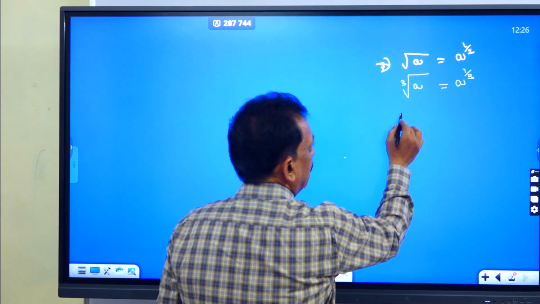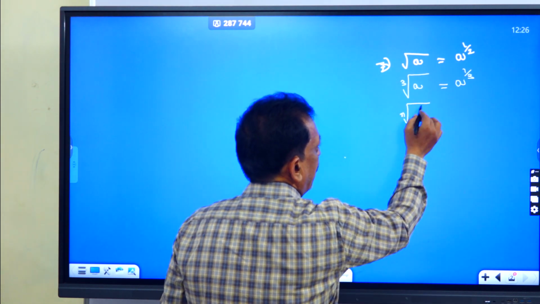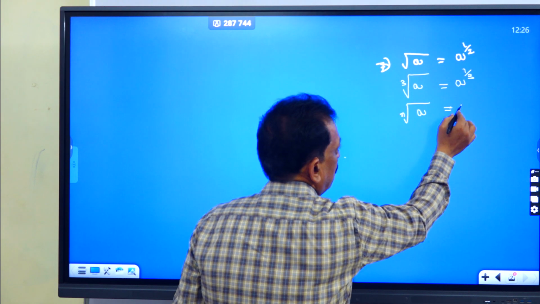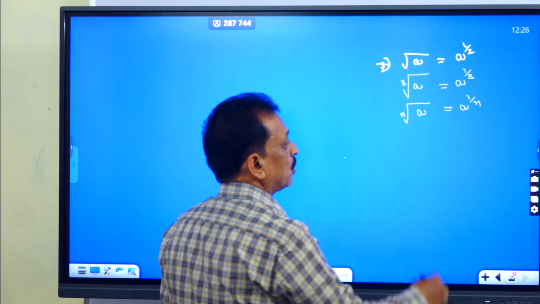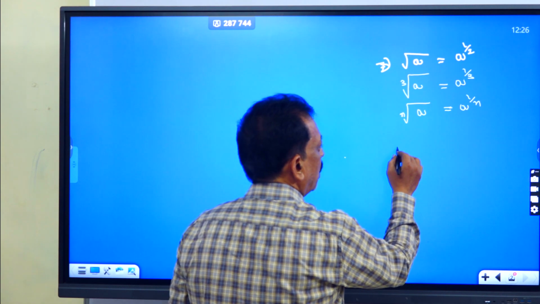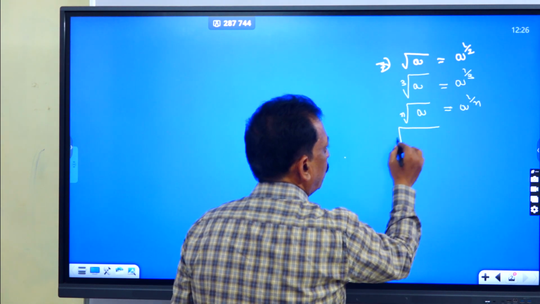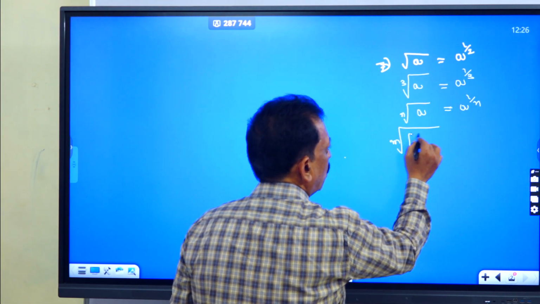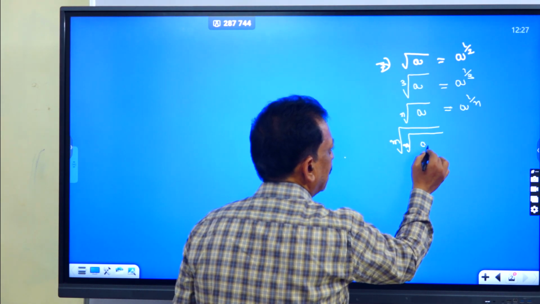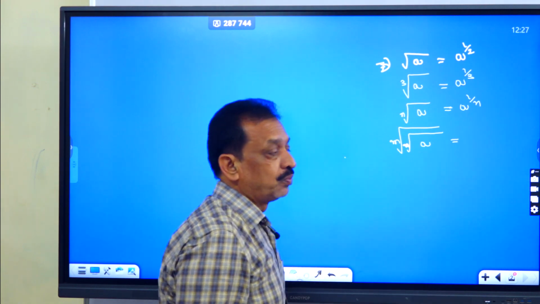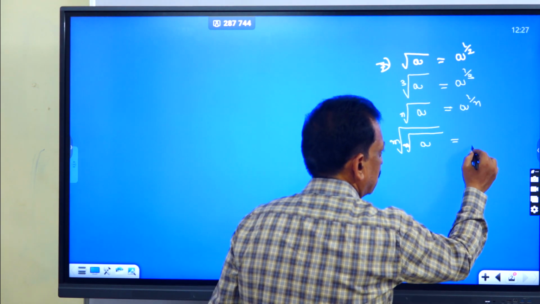Similarly, nth root of a can be written as a to the power of 1 by n.